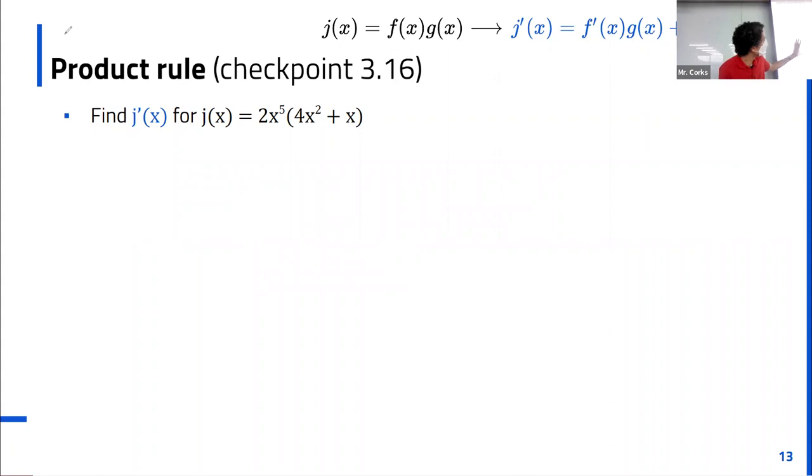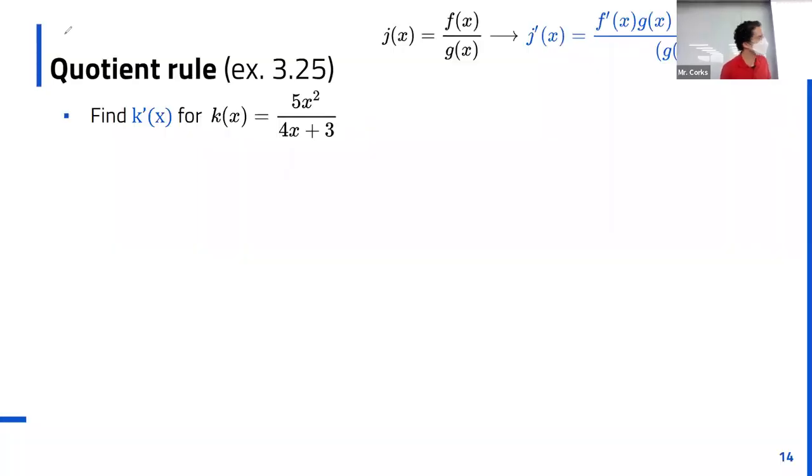For sake of time, I'm gonna skip over quotient rule, so I'll just very briefly show. Quotient rule is very similar, but on the top we subtract instead of adding, and then we have to divide the whole thing by the bottom part squared.